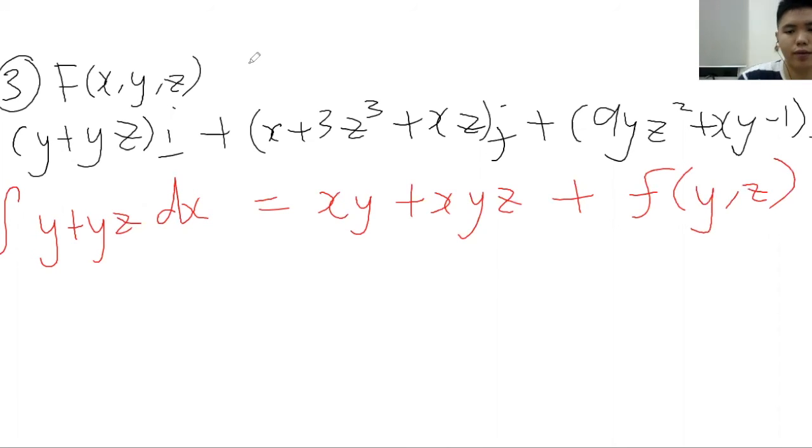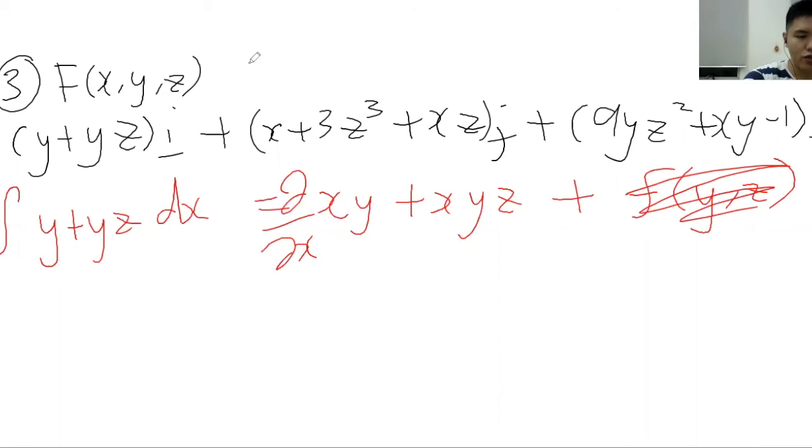Because a term with yz but without x, when we partially differentiate it with respect to x, gets eliminated. If we reverse it back, you get back the same thing to prove it.